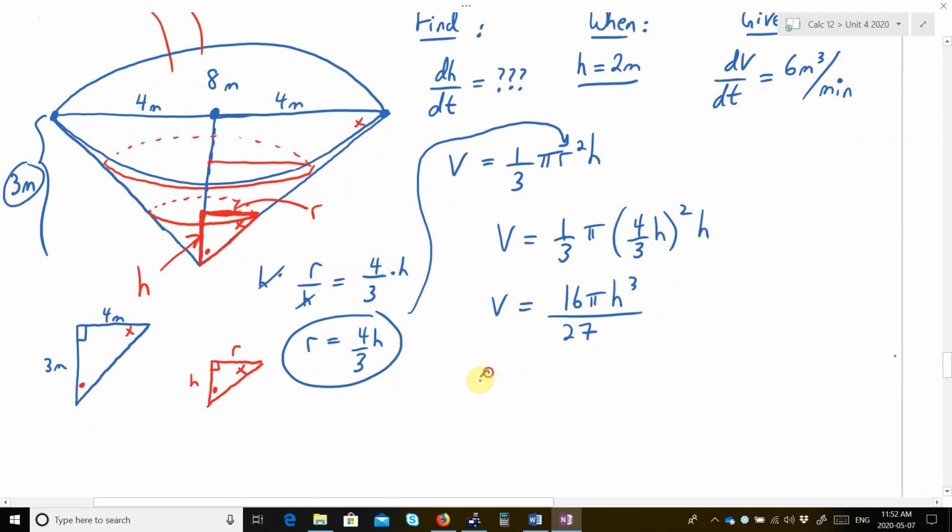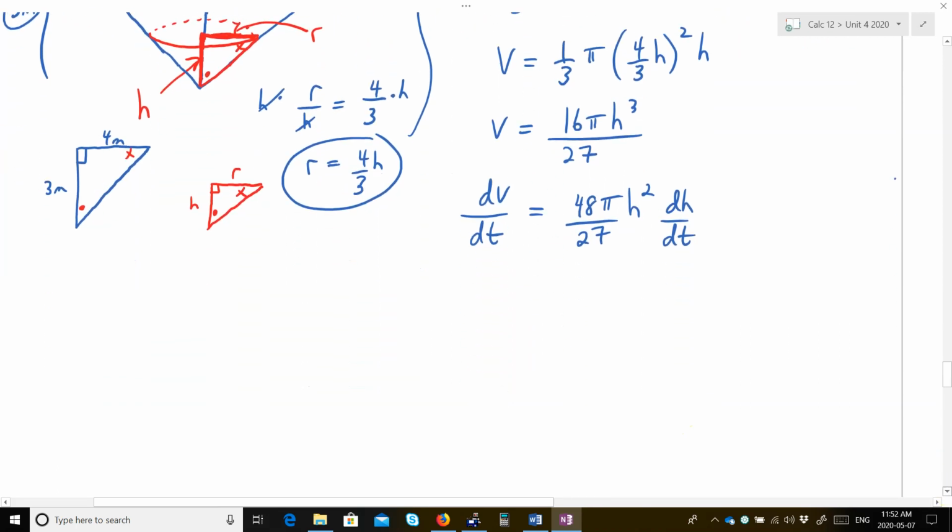And now we want to differentiate both sides with respect to time. 3 times 16 pi over 27. 3 times 16 is 48, so we'll have 48 pi over 27. That's going to go down to h squared, and then have dh dt. And we ultimately want to get dh dt by itself.